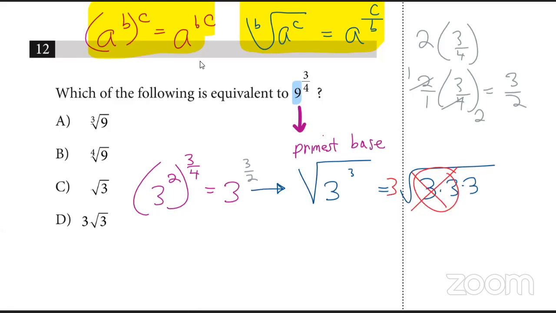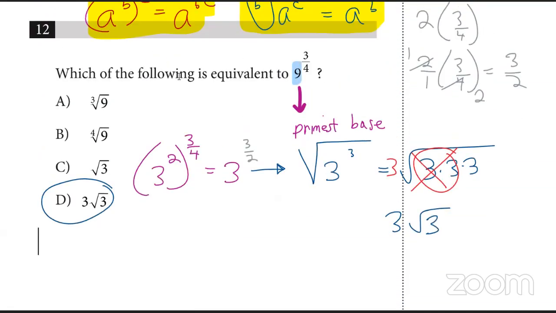So by doing that, we just took the square root of the 3 times 3. We asked ourselves, what number multiplied by itself gives us that 9 that we circled in red? 3 times 3 is 9. And what number multiplied by itself gives you 9? The answer is 3. So here we have a 3 on the outside and a 3 on the inside. And the answer is D, 3 root 3.